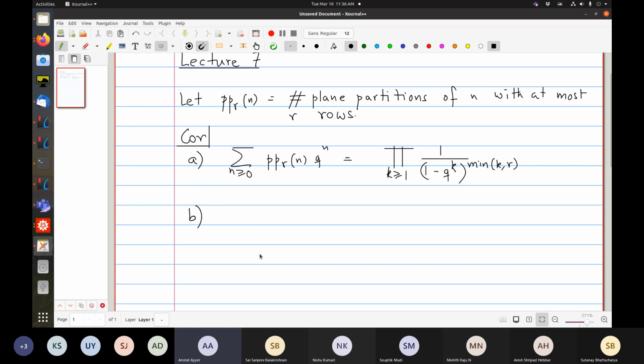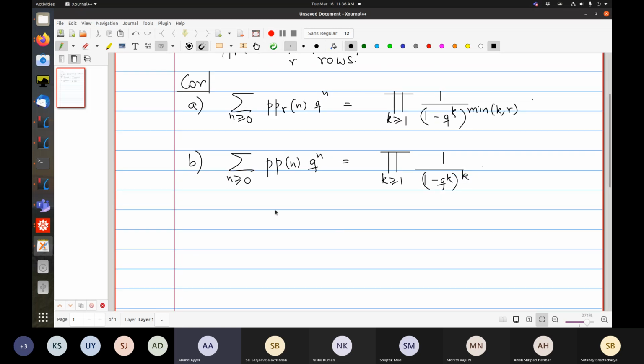And from this, the generating function that we want will fall out. So the sum of pp of n q to the n is the product of 1 over 1 minus q to the k, raised to the k. And it's sort of clear. The proof follows immediately from the previous theorem.